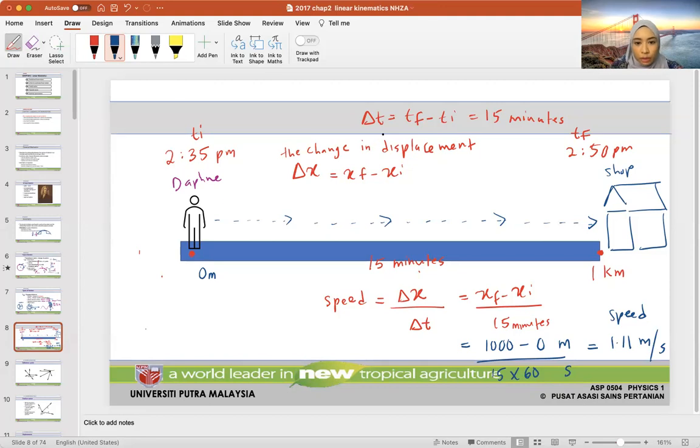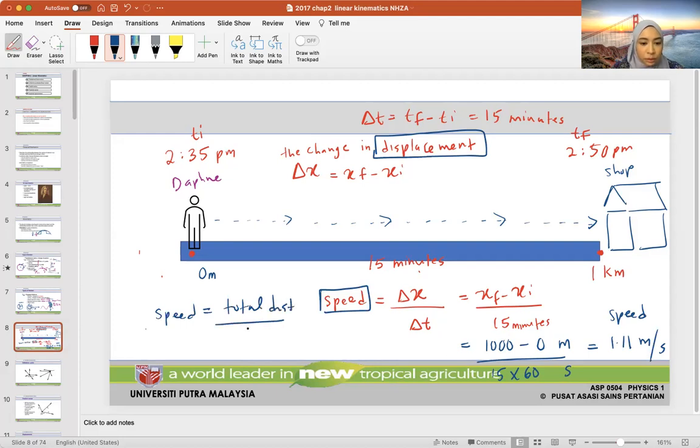Now what have we talked about so far? We talked about displacement, okay, and we talked about speed. The equation for speed is delta x over delta t, but in reality, it is actually the total distance over the total time. It's not necessarily displacement. So distance dengan displacement tak sama unless in one dimension.